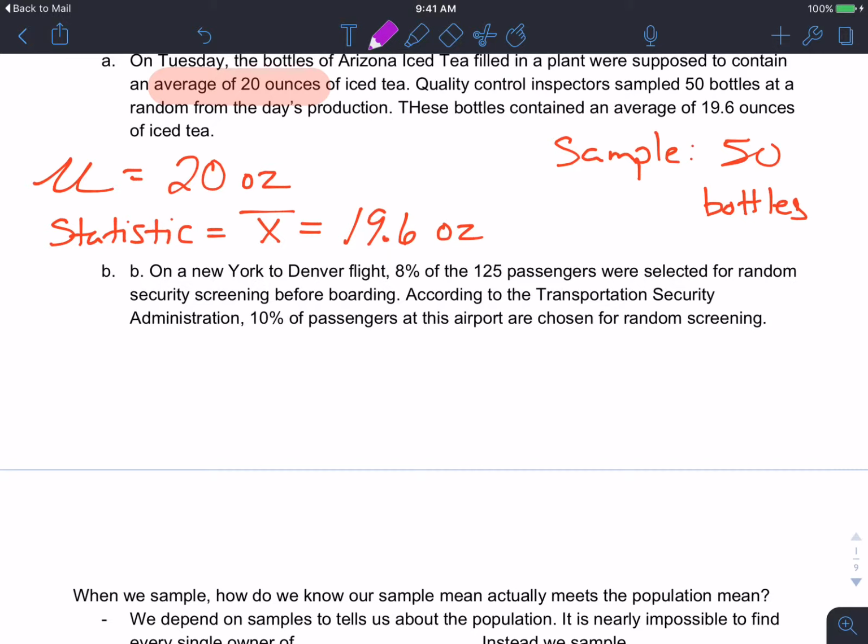On a New York to Denver flight, 8% of 125 passengers were selected for random security screening before boarding. According to the TSA, 10% of passengers at the airport are chosen. So they're saying usually 10% get chosen. So that's our parameter.